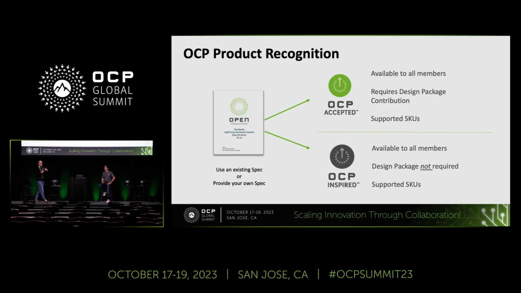So we have a lot of both accepted and inspired on the marketplace. Both are of equal importance to us, and both are equally represented by those adopters when they look for OCP hardware. They do definitely want OCP accepted or inspired.